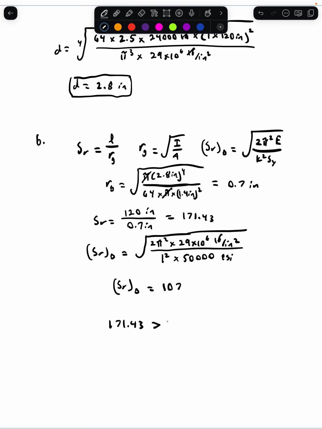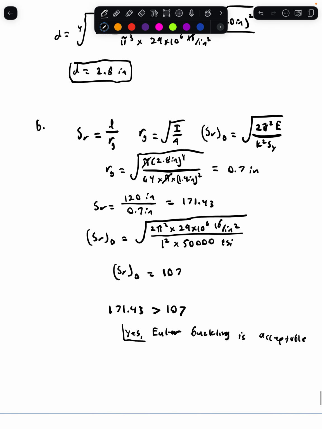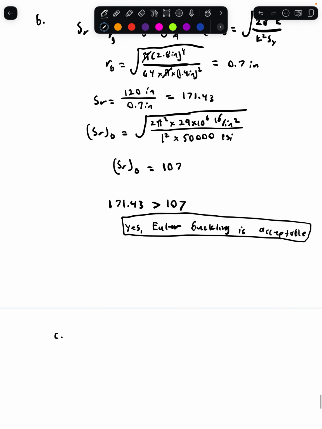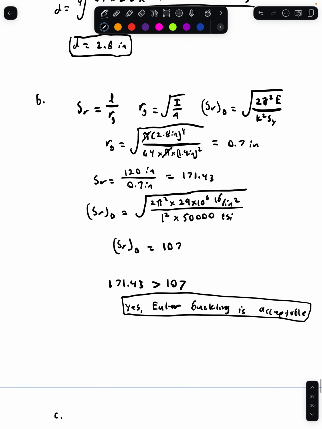That is greater than our stress determination factor. So yes, Euler buckling is acceptable. If this was a no, then this question doesn't ask us to resolve it, but in the real world, you'd have to resolve it as an intermediate column, because you'll get a different diameter, since you'll have to consider yielding instead of just buckling.